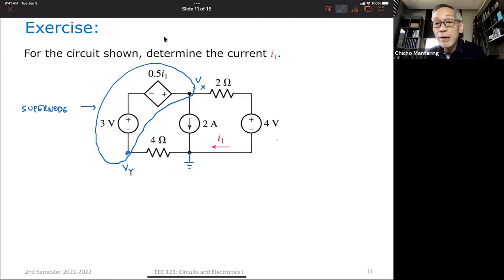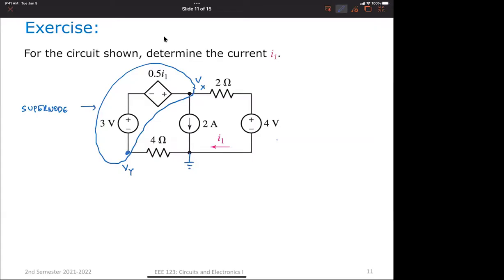Who was the one that tried to make this a supernode earlier? Was it Lance? Yes, sir, me. Okay. So Lance, what is my supernode equation?